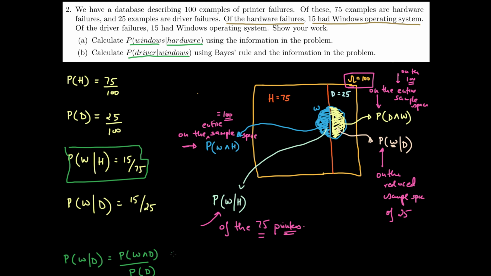And again, from lecture what we know, I'm going to put this on the side here, is that the probability of W and D can be written in two ways.